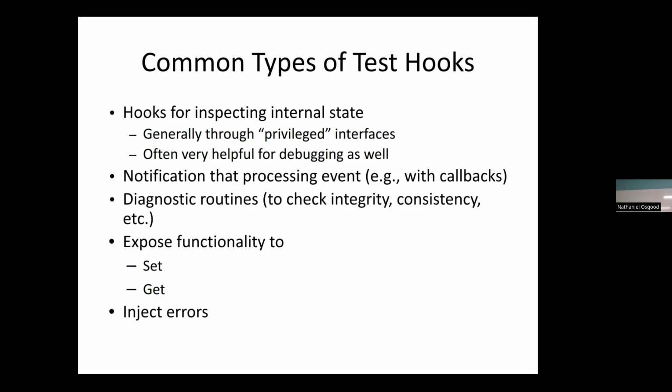So some common types, right? Hooks for inspecting the internal state of the system. These are generally through privileged interfaces. These may unveil aspects of the implementation that you otherwise wouldn't want to unveil for abstraction reasons.